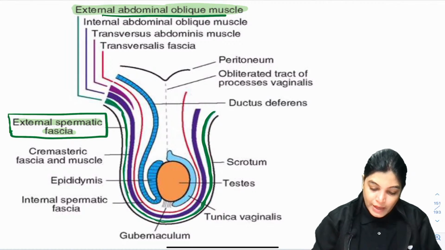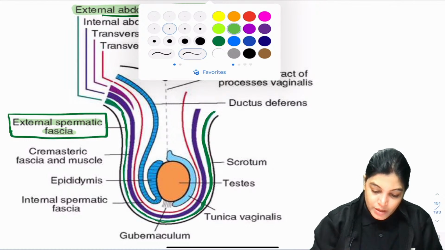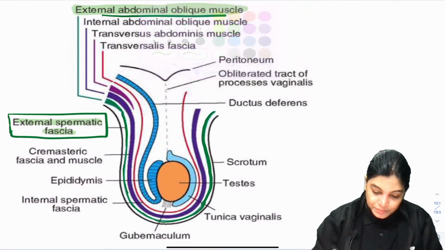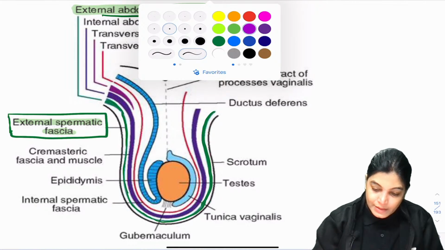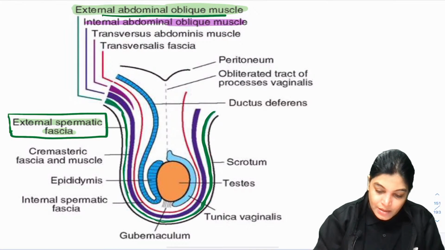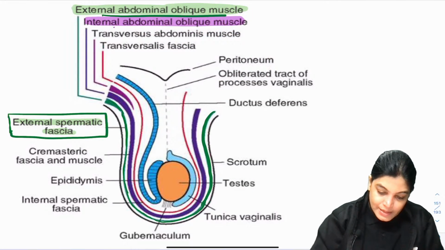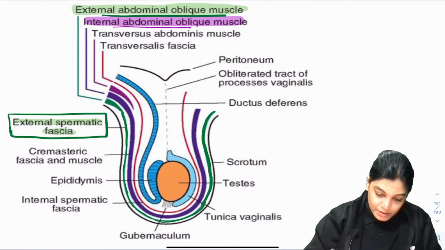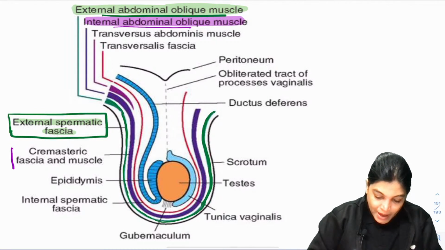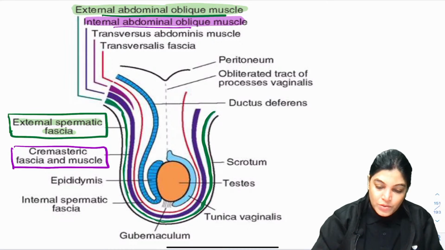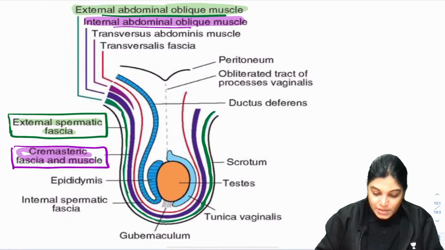Now let's move on to the internal one. This is the internal abdominal muscle and aponeurosis, and if you see its extension, it extends here to form the cremaster muscle and fascia. It is forming which structure? It is forming cremaster muscle and fascia.